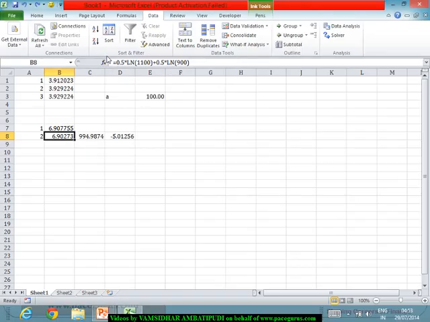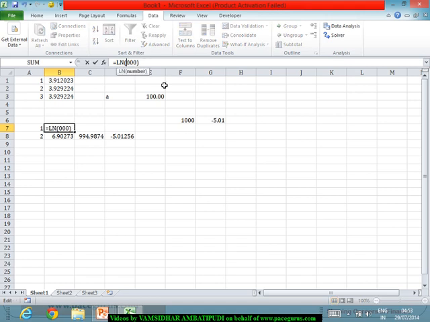Here if I have observed 1000 as the wealth of the person, then I have seen that the certainty equivalent is minus 5.01. But here I'll assume that the wealth of the person has become 2000. Then a gain of 100 will take him to 2100 and a loss of 100 will take him to 1900.